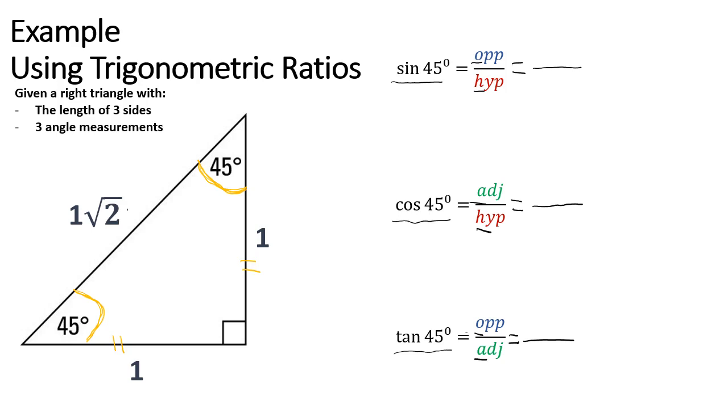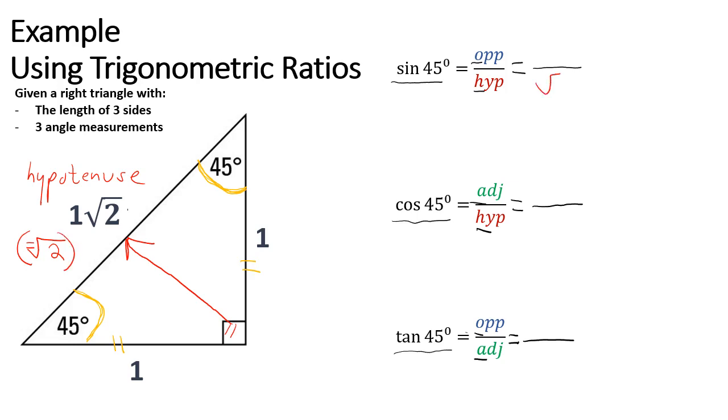So let's look at what our hypotenuse is. Well, our hypotenuse is always the side opposite the right angle. So our hypotenuse is 1 root 2, which is also just root 2.